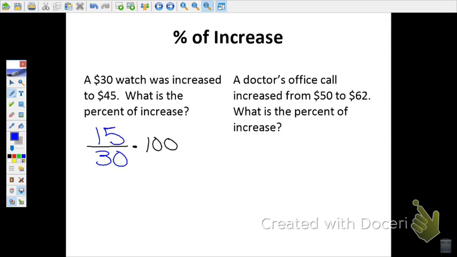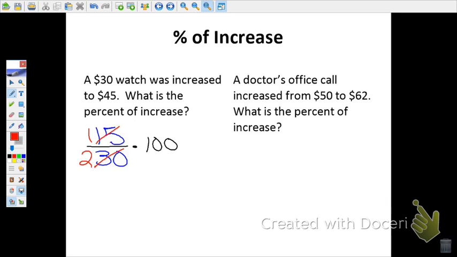So we could go ahead and put this in our calculator, or to make things simpler, and if you weren't allowed to use a calculator, you would probably want to simplify first. What can I do to simplify 15 over 30? Okay, I can divide by 15. 15 goes into itself one time and into 30 two times.